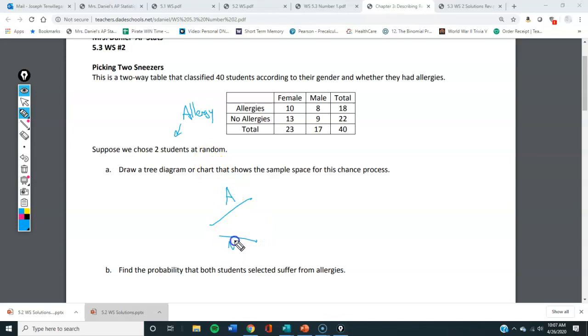Those with allergies and those with no allergies, right? So what's the chance that the first person I draw has allergies? It's 18 out of 40. What's the chance they don't have allergies? 22 out of 40.